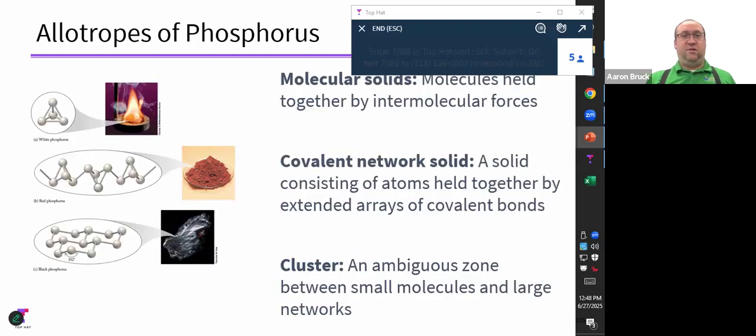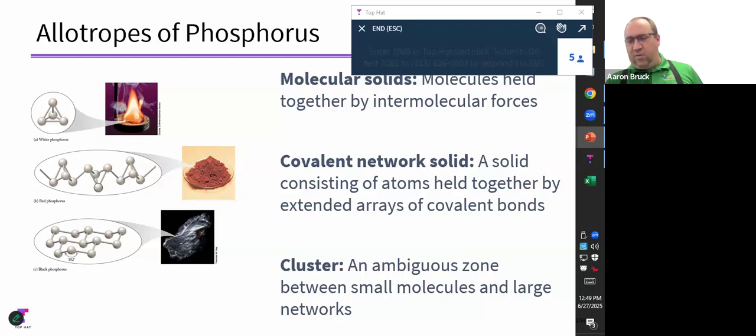In phosphorus, we see some of the same kinds of things, although not to nearly the level of complexity or variability. But we do see that, for white phosphorus, what we have is a four-membered tetrahedral, basically, where all four atoms of phosphorus are bonded to each other.